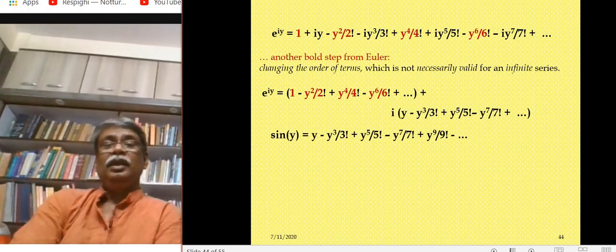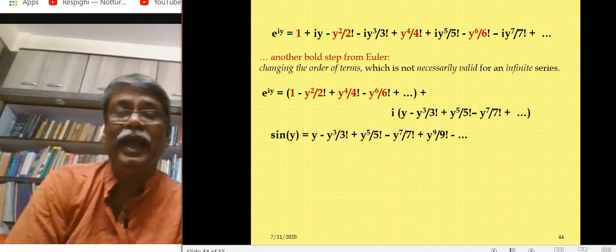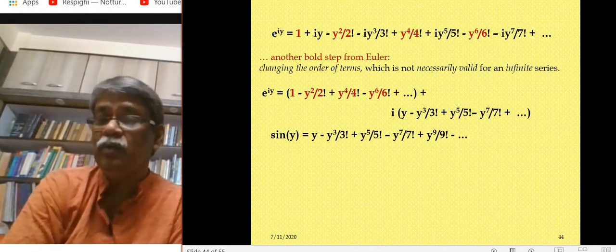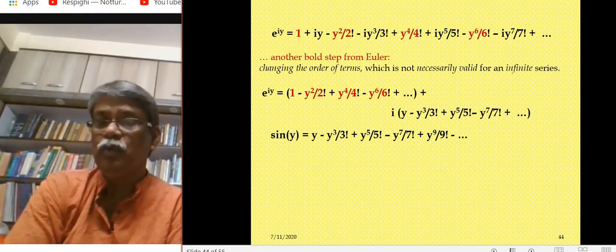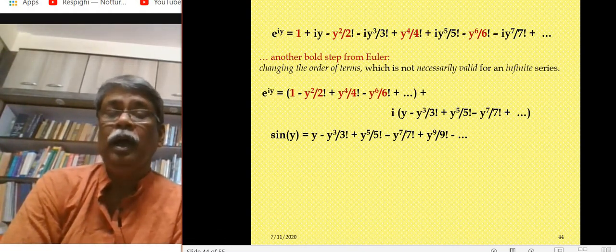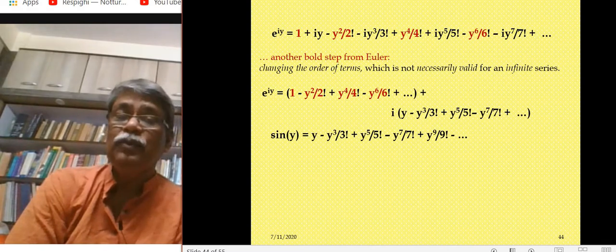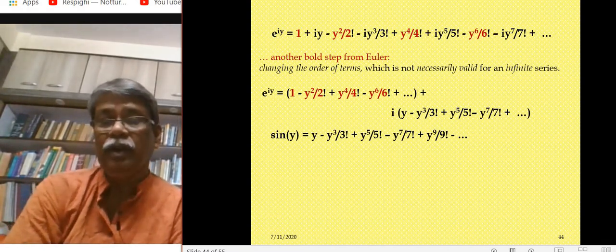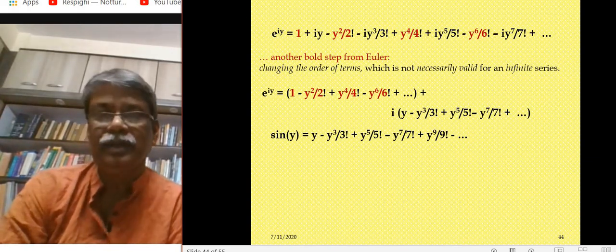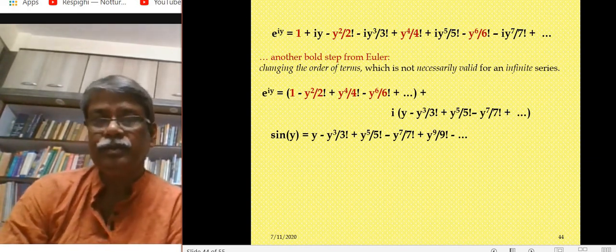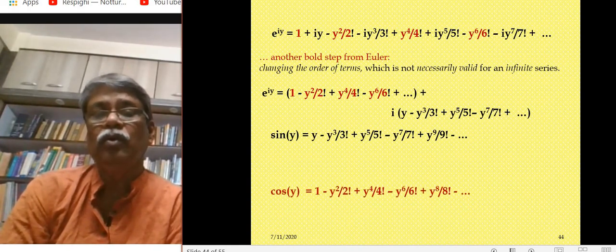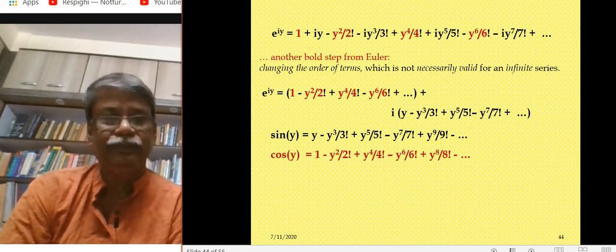Now, if you remember a few minutes back, I have shown the expansion of sin y and cos y. I didn't do it in detail, but I quickly did show you. And then, if you just go back a few slides, or pause and drag back your cursor to get that slide, you will see that sin y is like this and cos y is like this, in red.